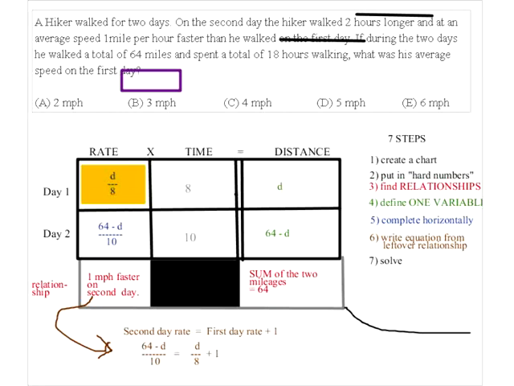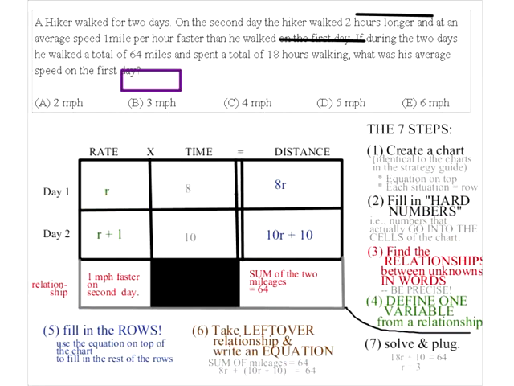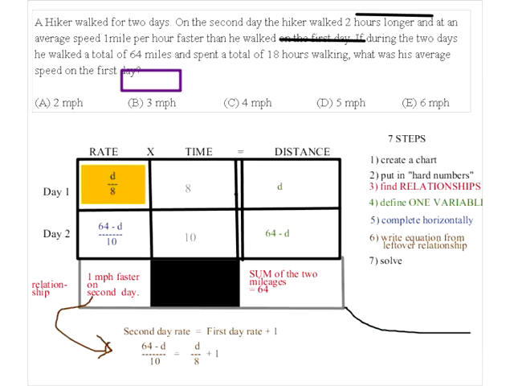If this would work on every single problem you ever came across, then I wouldn't bother showing you the other way to do it. So no, because in some cases you're going to have to divide. In some cases you'll have hard numbers for distance. So if you have hard numbers in here, then you're stuck with defining variables in these 2 boxes, and you're going to have to divide. That can totally happen. It doesn't happen in this problem, but it's very possible.